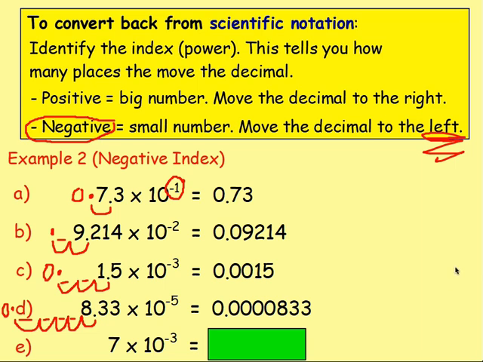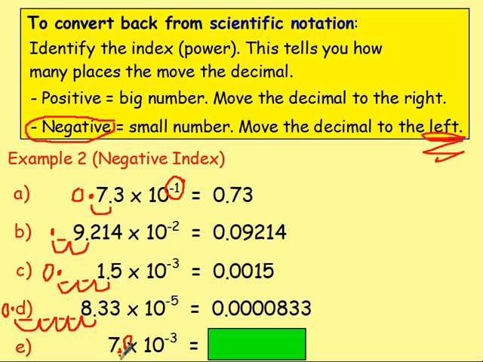And for E, what would you do for that one? Gary, what do you think? Good. The -3 means you move the decimal 3 places. But notice with that though, Gary, there is no decimal. Oh no, neither there is. It's just 7. But you can imagine 7 as 7.0.